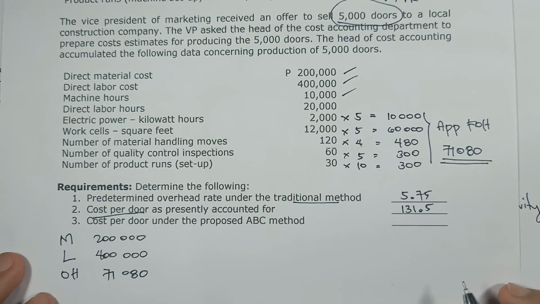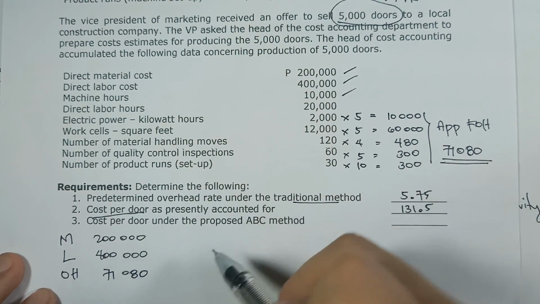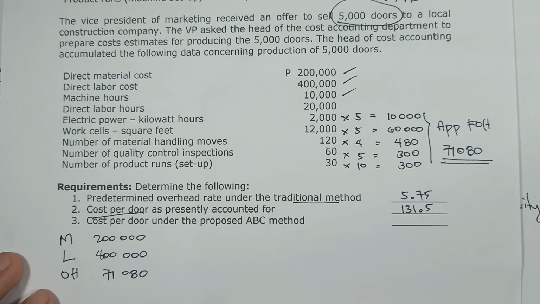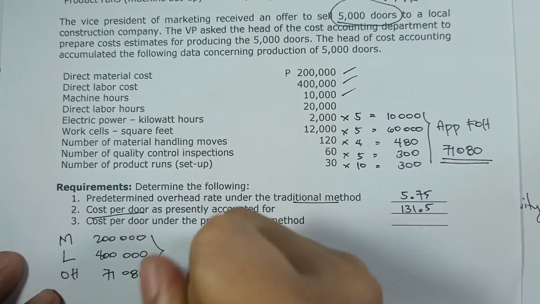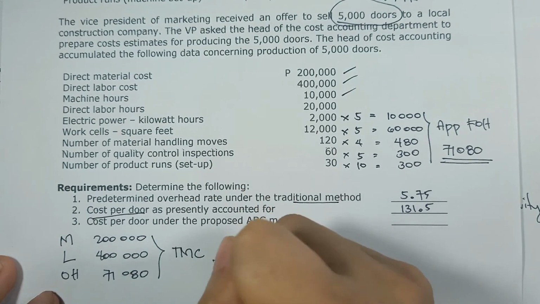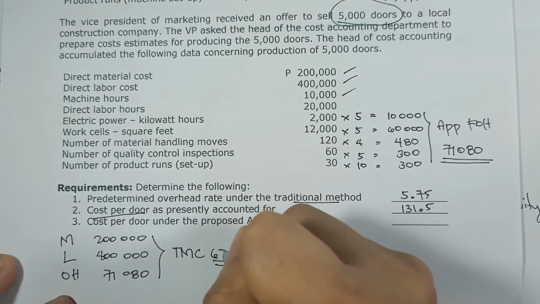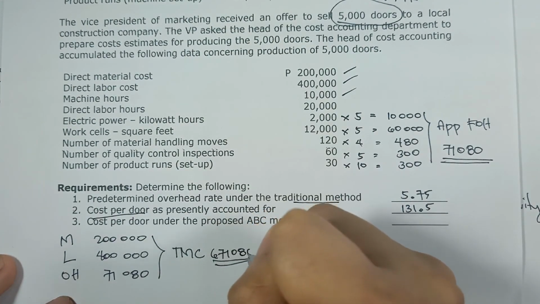So as you can see, the only difference between traditional and ABC is the overhead. They are the same in materials and labor. So when we add all of those, we get the total manufacturing cost. So 200,000 plus 400,000 plus 71,080, or this is equal to 671,080.